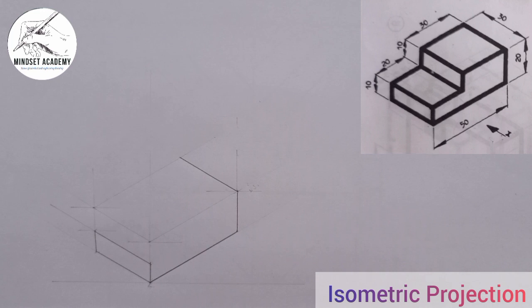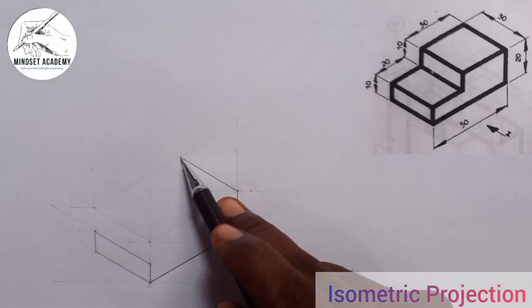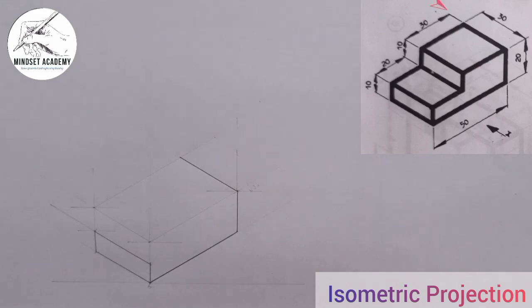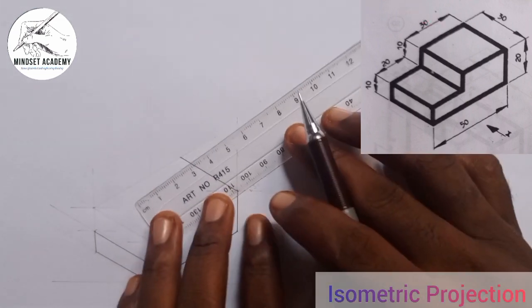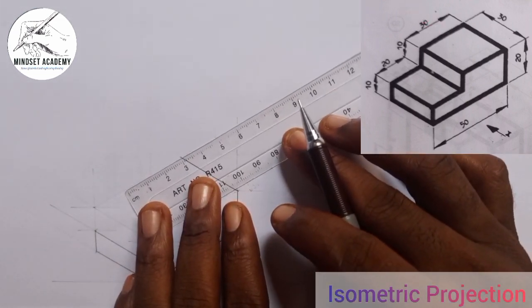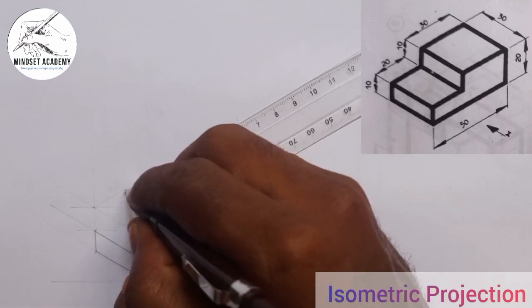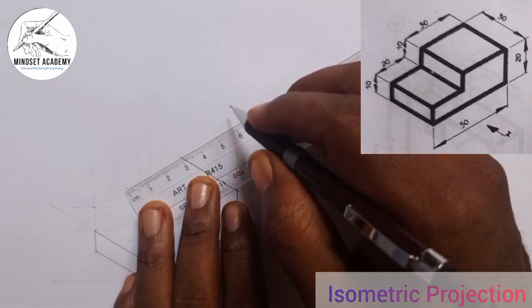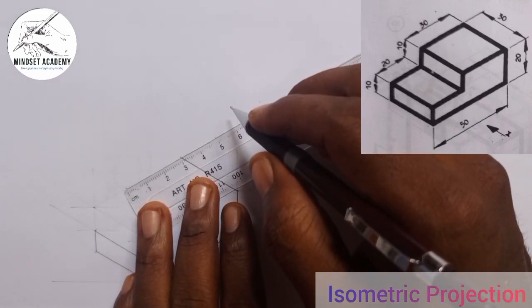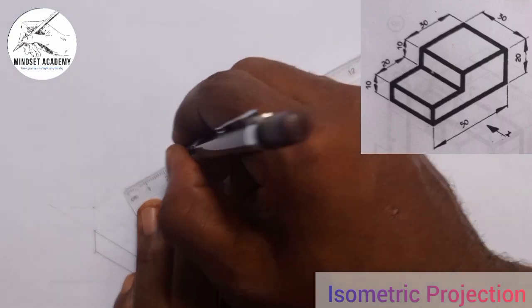You can see that. Now the next thing is from this point here, which is this point here on the screen, to this point is given as what? As 30. So I'm going to measure 30 from this point. This is 30 here, and I'm going to thicken it, since it's thickened in the question.